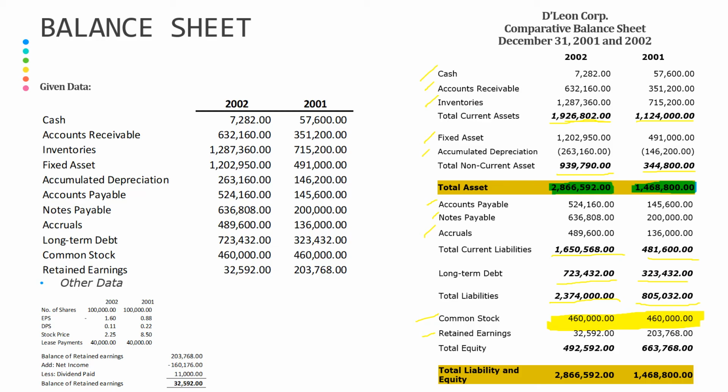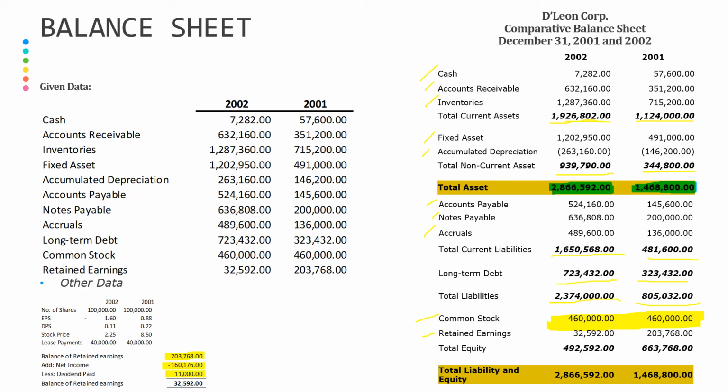And the retained earnings, in 2001 we have 203,768. So this is how we get the retained earnings for 2002. We start with 203,768, and on the next part of this slide, we have a net income of 160,176, and then we deduct the dividends paid of 11,000. Why 11,000?